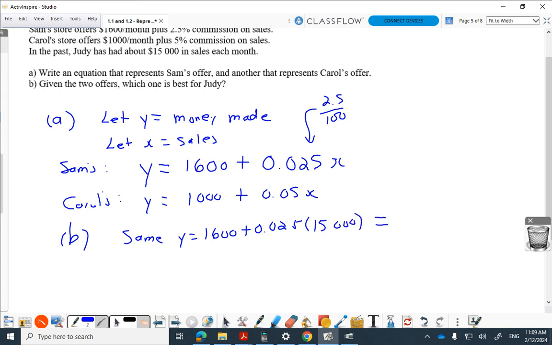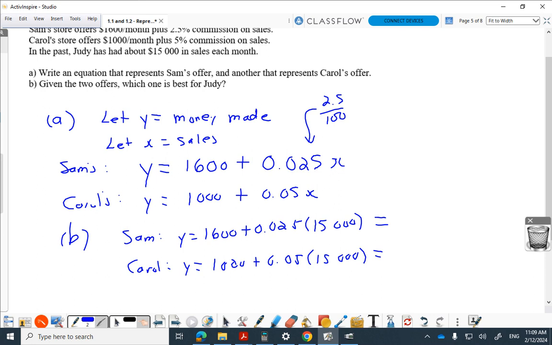I'll get that in my calculator in just a second. Oh, Sam. That was supposed to be a colon. And then, what's the other one? Carol: Y equals 1,000 plus 0.05 times 15,000. I'm going to type those both into my calculator, see what I get, and that'll help us decide where she should take her job.